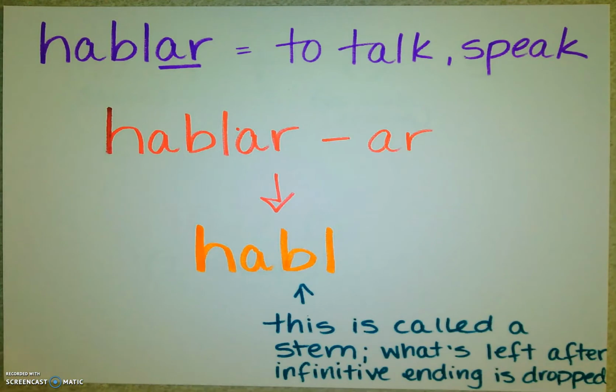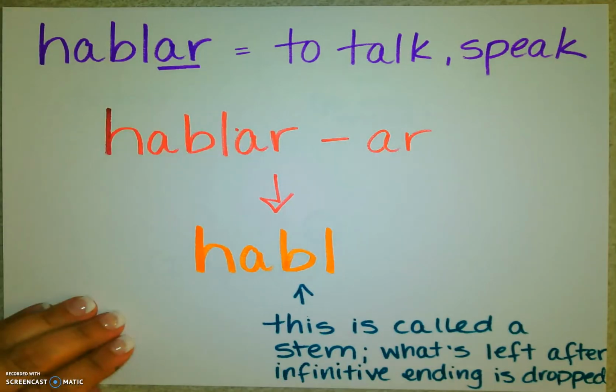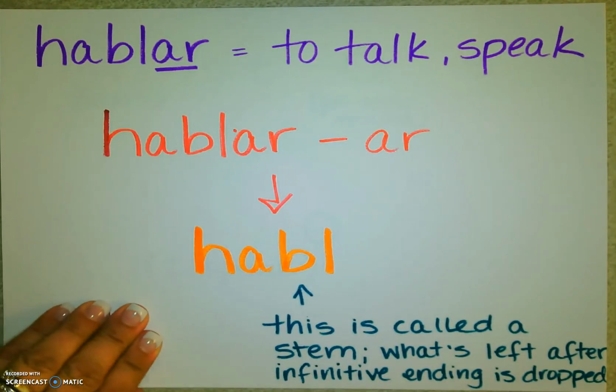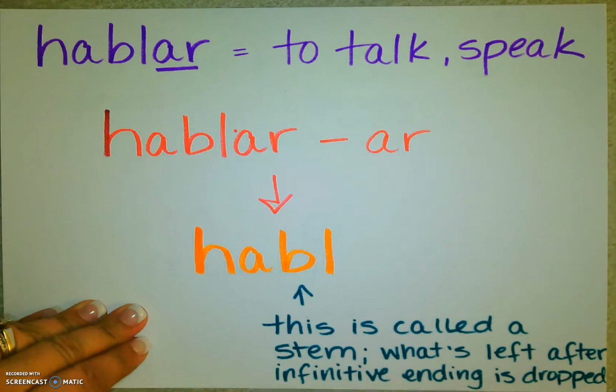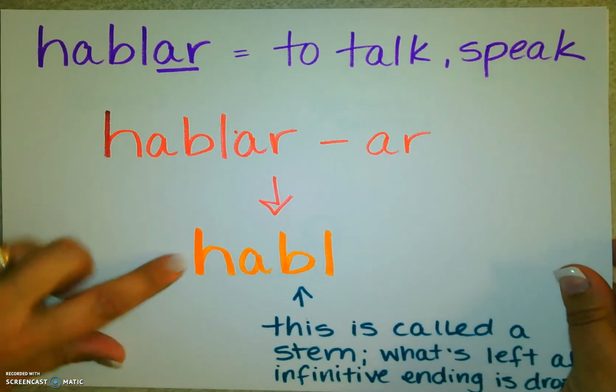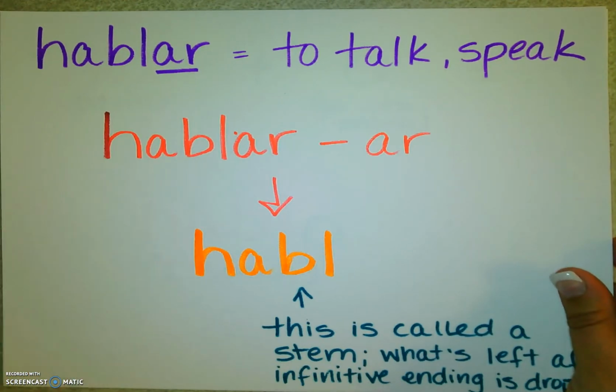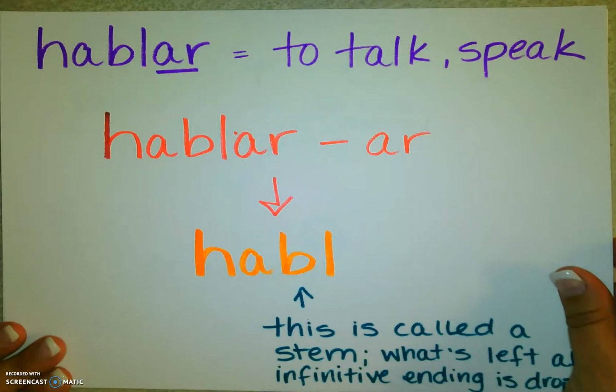It's what's left after the infinitive ending, AR, has been dropped. Then our next step is to conjugate our verb. So we have our stem, and to our stem, we will add the ending that corresponds to our subject.